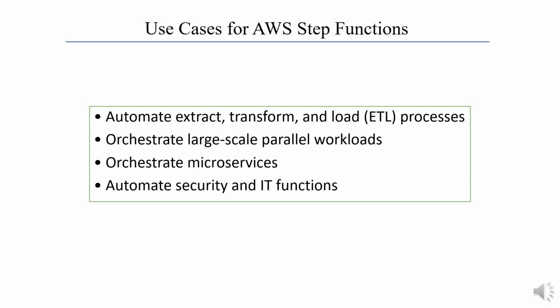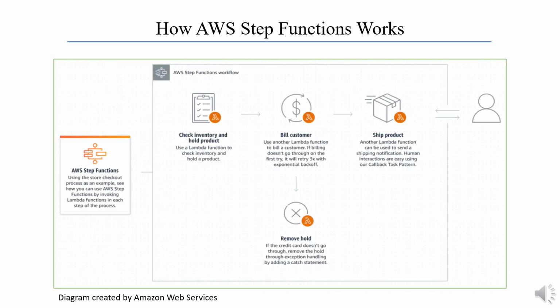Orchestrate microservices. Combine multiple AWS Lambda functions into responsive serverless applications and microservices. Automate security and IT functions. Create automated workflows, including manual approval steps for security incident response. Excellent.